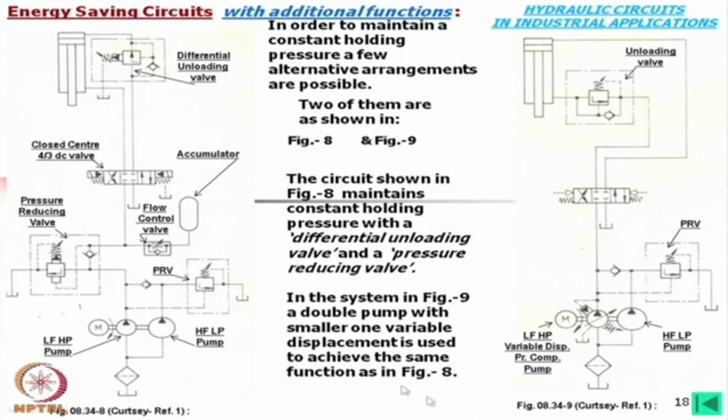These are more or less similar, you can find that here we have used one accumulator, here without any accumulator, but we have used a variable displacement pump. This function and power saving is more or less the same. Here we can have finer control, but this is more expensive than this.